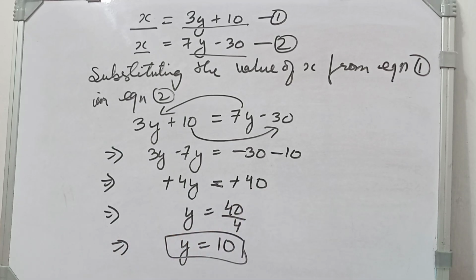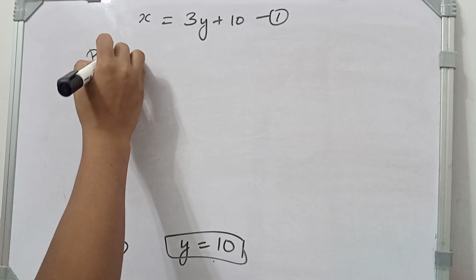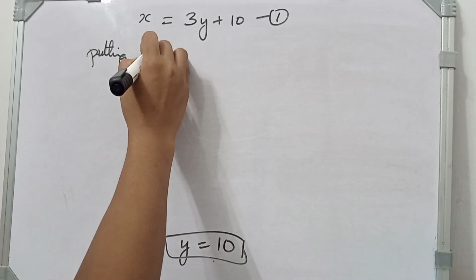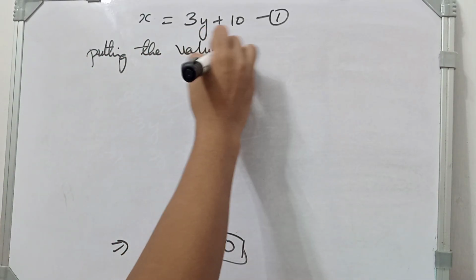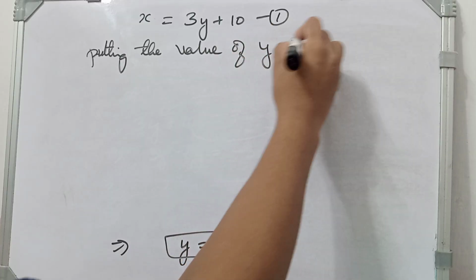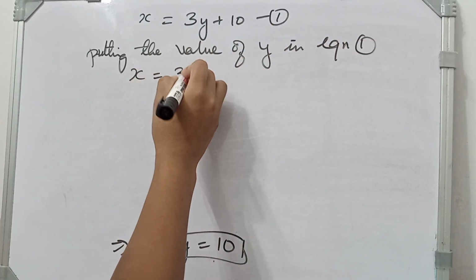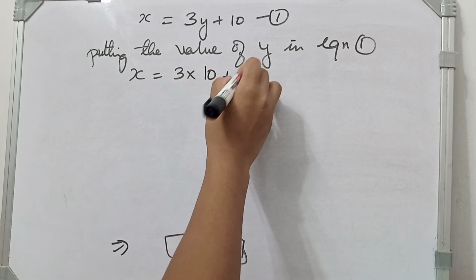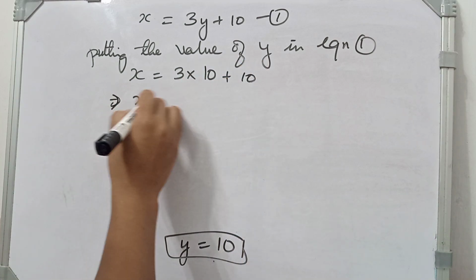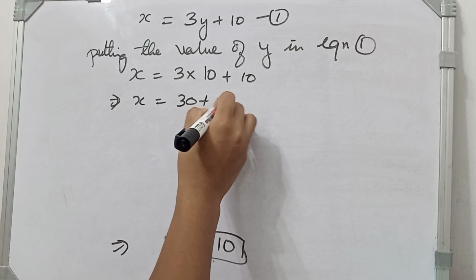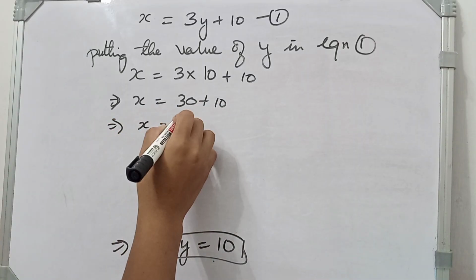Okay, now putting the value of y in equation 1, then x is equal to 3 into 10 plus 10. Then x is equal to 30 plus 10. Then x is equal to 40.